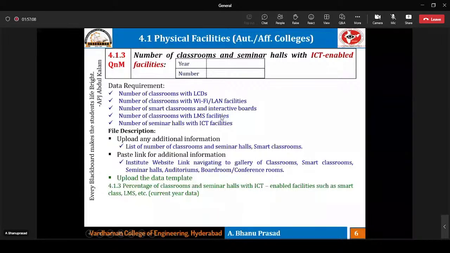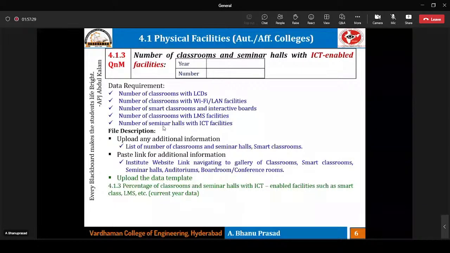And the seminar halls, where this is also an instructional area facility, where experts committee or experts, subject experts, teachers, give some inspiration regarding a particular domain or a concept.